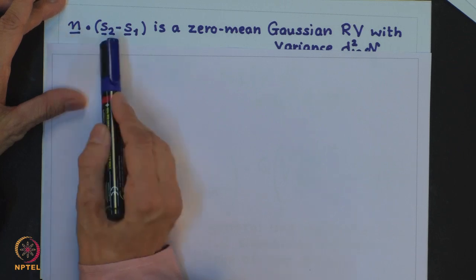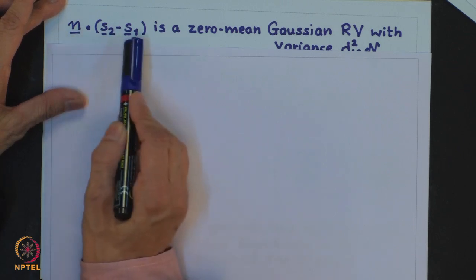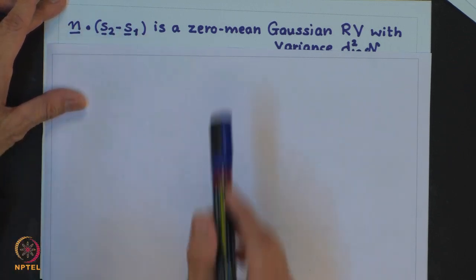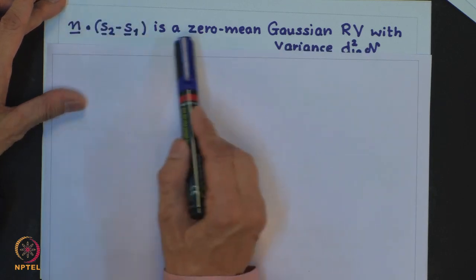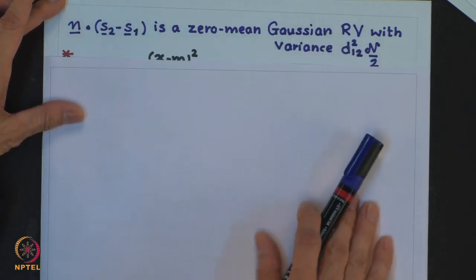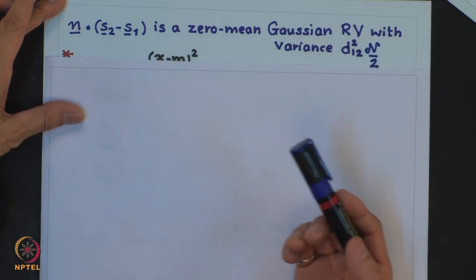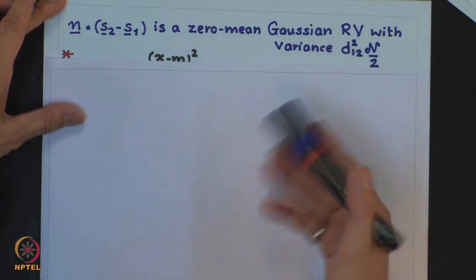Remember that this noise vector projected on the line joining S2 and S1 is a zero mean Gaussian random variable with variance given by this quantity. We have done this earlier, so I do not want to repeat it.